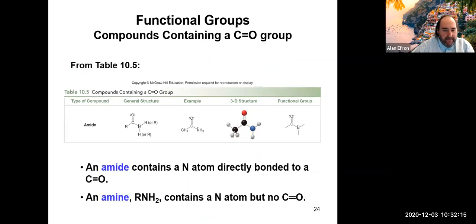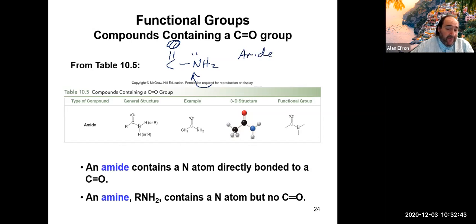Another type of carbon oxygen group that also contains a nitrogen is what's known as an amide, and that also is based off a carboxylic acid. So it has this carbon oxygen double bond, but instead of attaching to another oxygen, it's attached to an amine group. So it's got this arrangement here, and this is our amide.